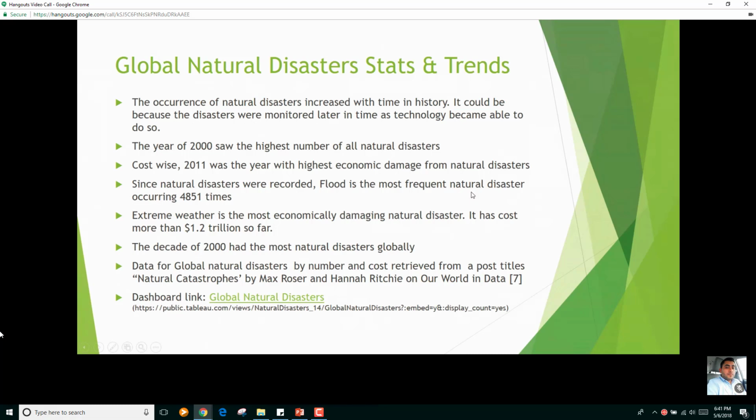With the records that we have, the year 2000 saw the highest number of natural disasters, and cost-wise, 2011 was the highest year for economic damage from natural disasters. I think it'll be better if I just go to the link here and go over the data.